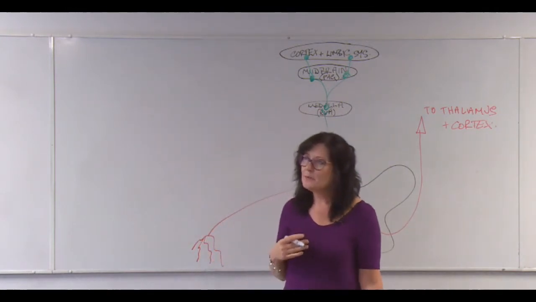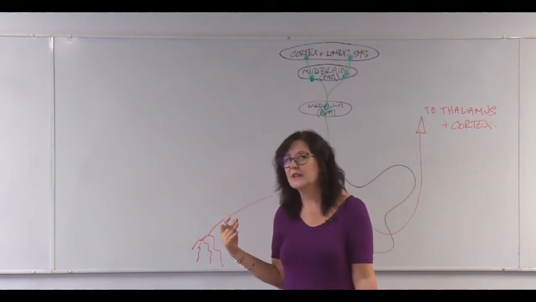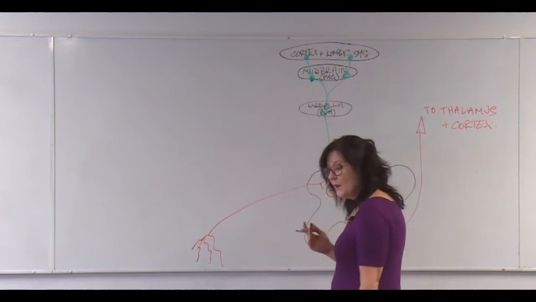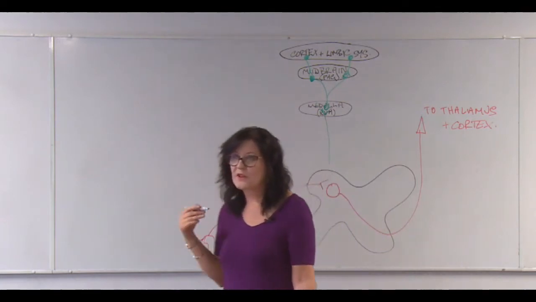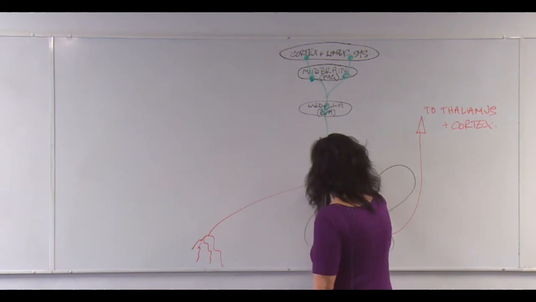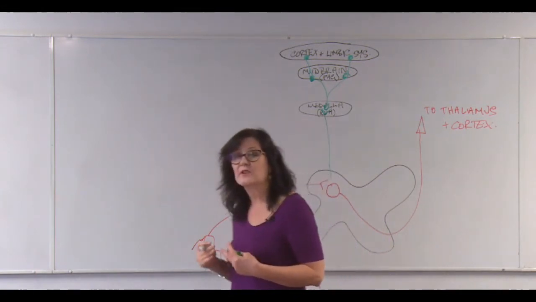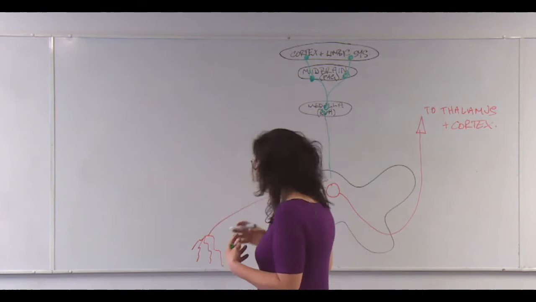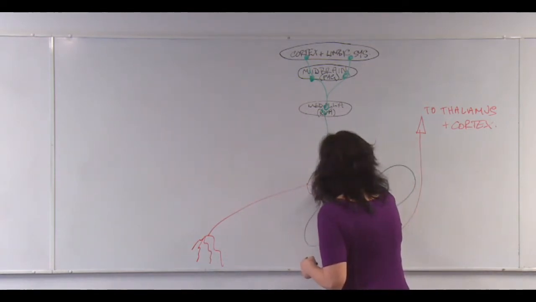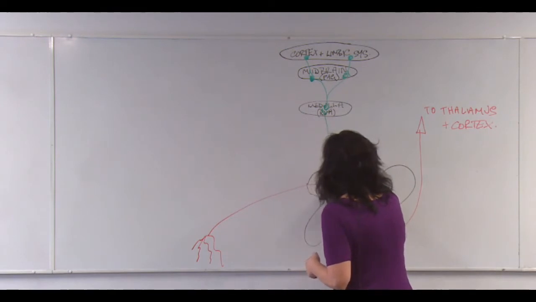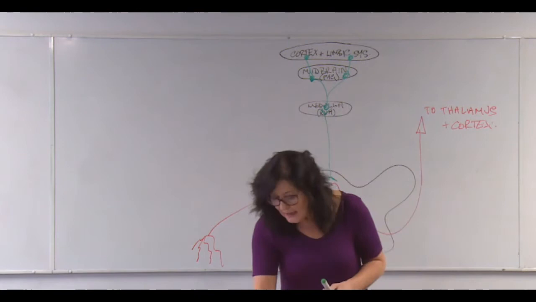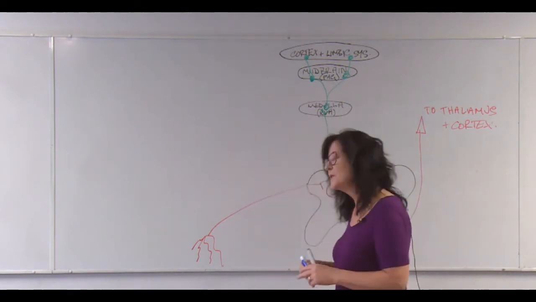Serotonin can be excitatory or inhibitory depending on the receptors that it binds to. So in terms of direct inhibition of our pain pathway, again, the target is that second order neuron at the level of its soma. Here's its soma. So here we can secrete serotonin and it becomes inhibitory.